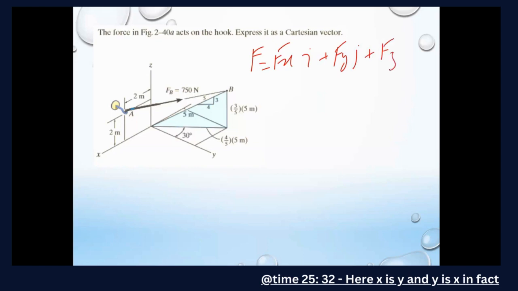The only issue is that you have the value here, you know the coordinate here. But for B, they didn't give you x, y, z directly. They have told you that for point B, this is like 5 units, right?